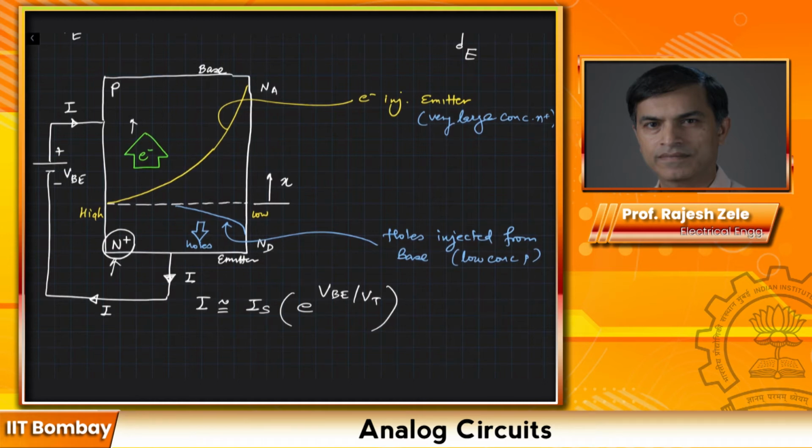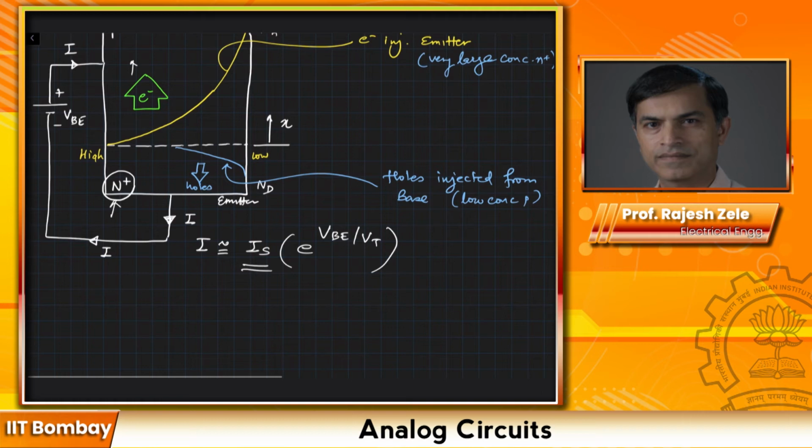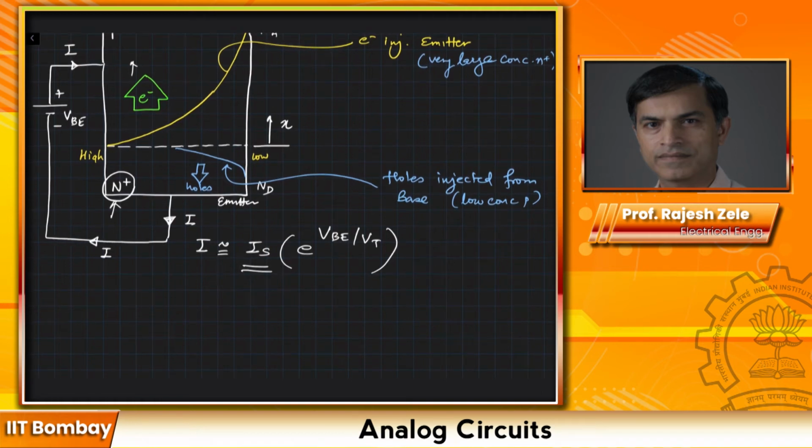In the previous lecture, I just gave you an expression for this current Is, but I would like to give you some insight in this lecture. This Is depends on the carrier profile that we are going to see.